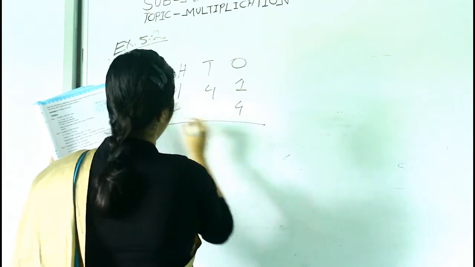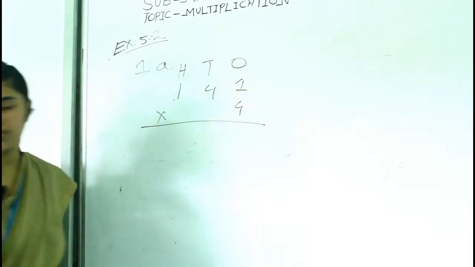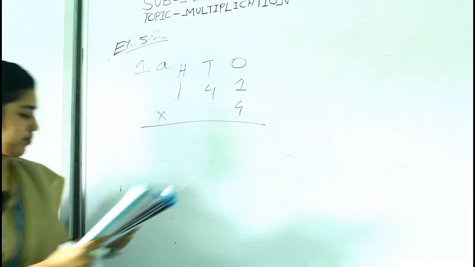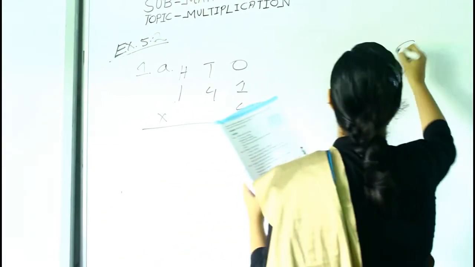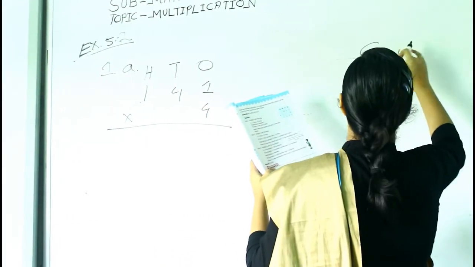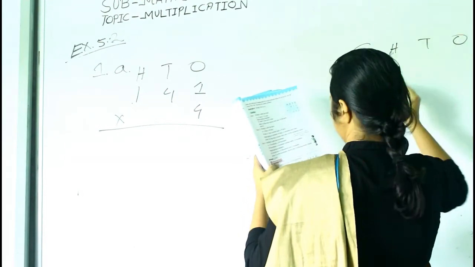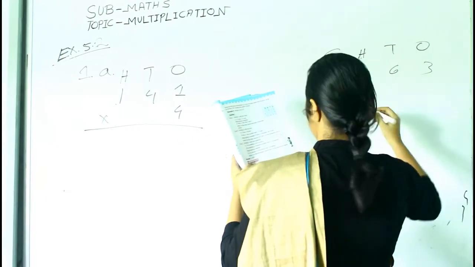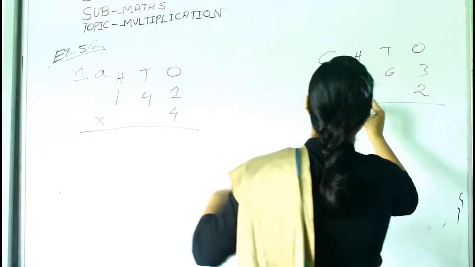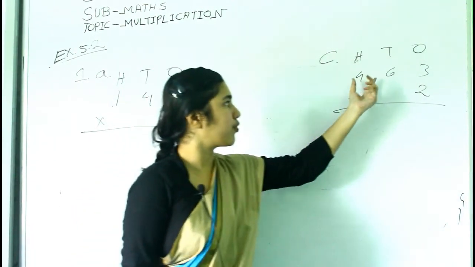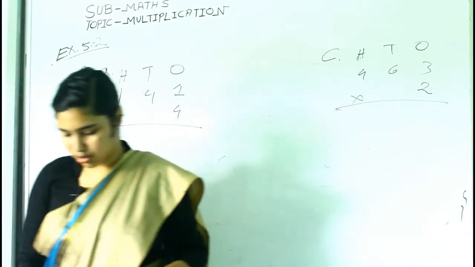We have to multiply this 3-digit number 141 with 4. And next, we have to multiply here also 463 with 2.